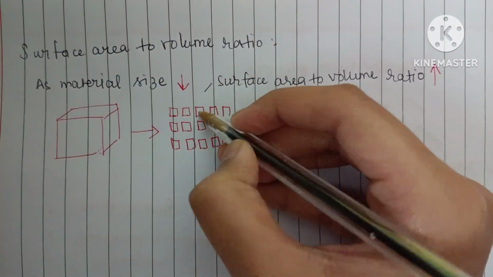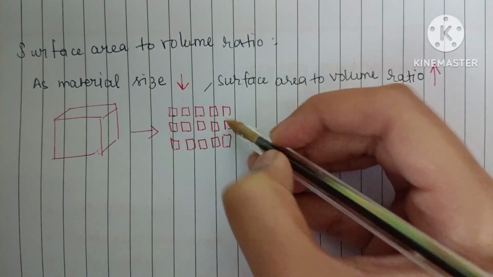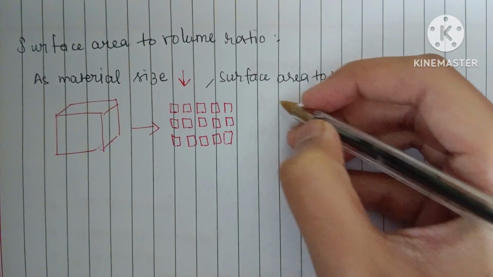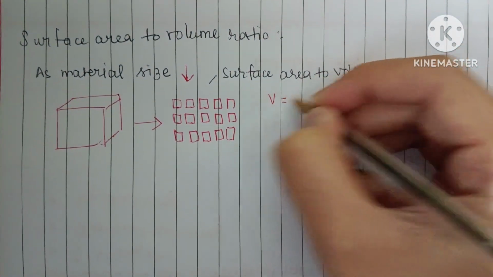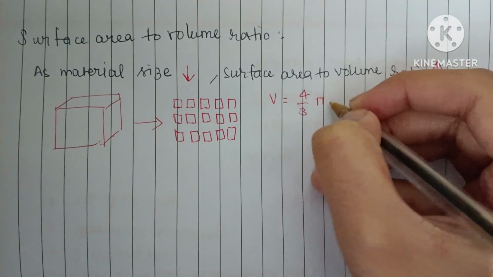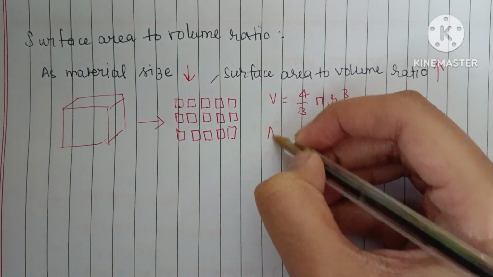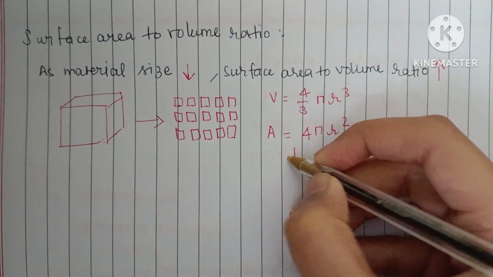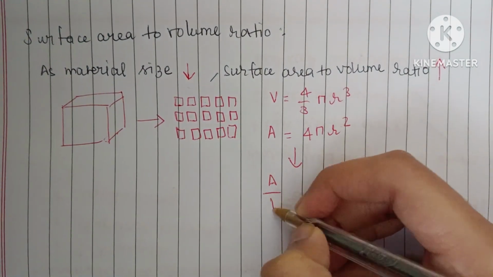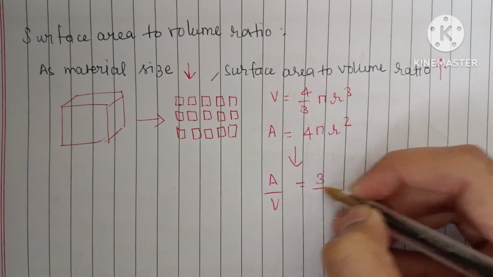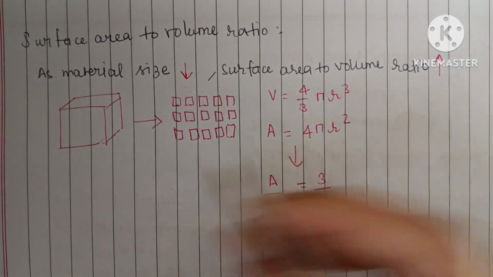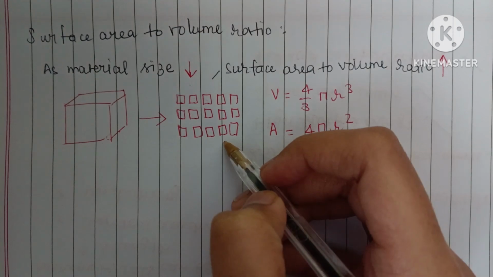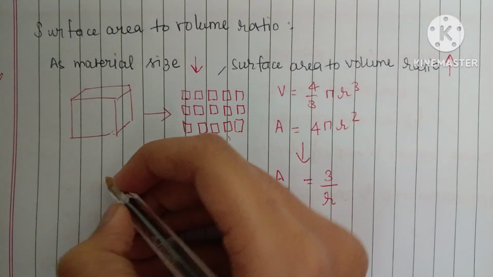But for each cube, the surface area is more as compared to only the surface area of the bulk material. The volume formula is 4/3 πr³, and the area formula is 4πr². Now the ratio A/V is equal to 3/r. Because A/V is higher for nanoparticles, they are also more reactive.